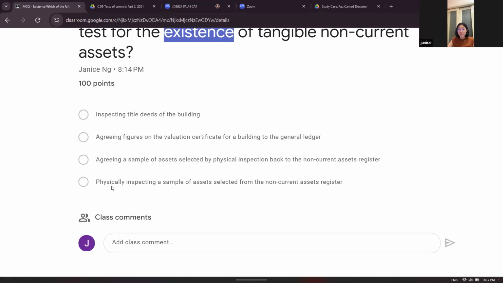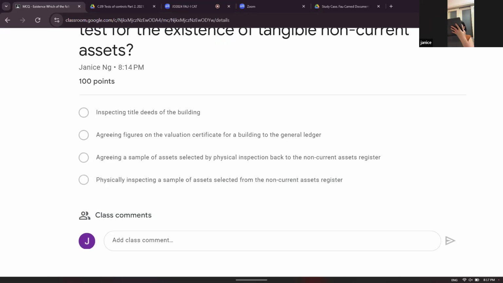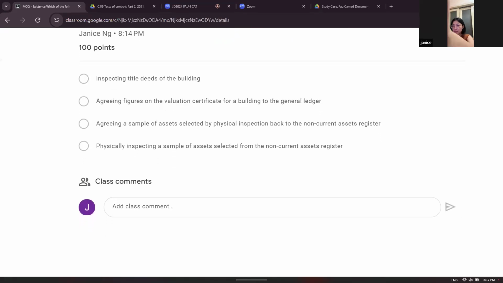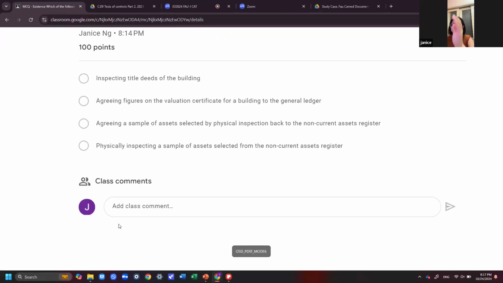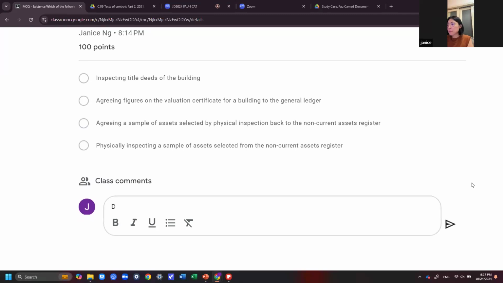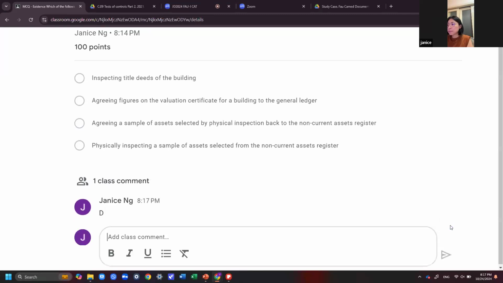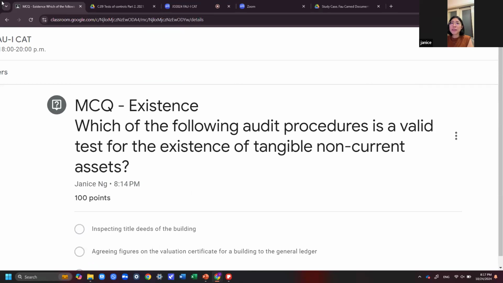Whereas the last one is physically inspecting a sample of assets selected from the register. So we start with the register and we go inspect the item. So the answer here, Sakon said it correctly, it is D. All right. Very good.